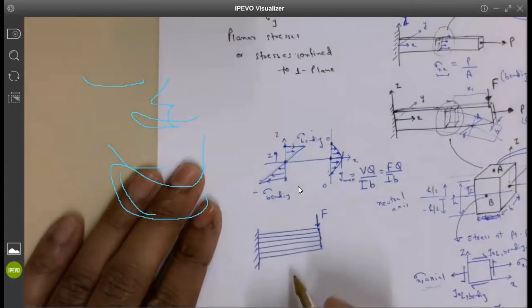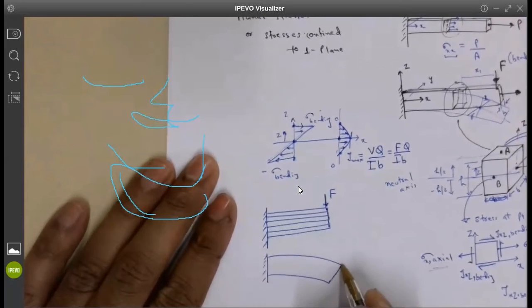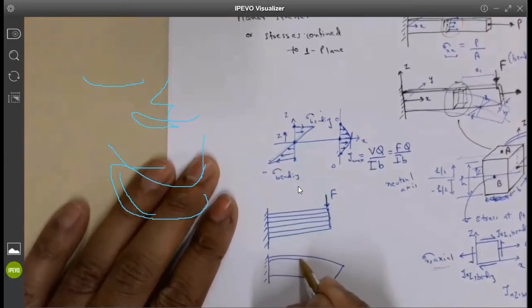Under the application of load F, this specific combination of strips will be bent, just as bending will happen. But you will see that each strip of this combination will have a different expansion, right?